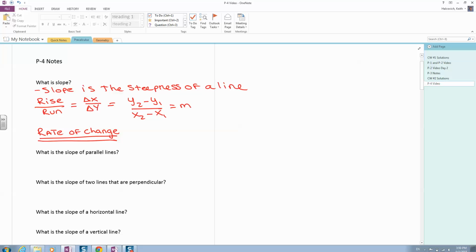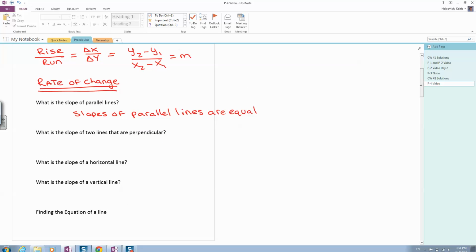When you're talking about the slopes of parallel lines, the slopes of parallel lines are equal. The slopes of perpendicular lines are the opposite reciprocals.